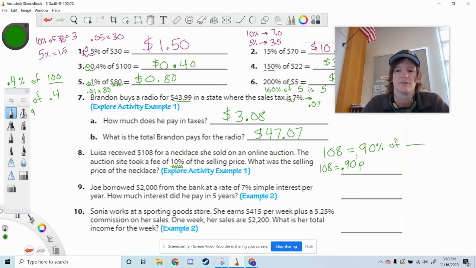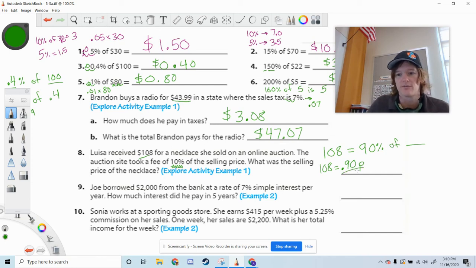So let me talk about how I came up with these. I know that the amount that she got, where did this 90 come from? Well, they took her 100% that it sold for, and they took 10% of that and gave her the rest. So that's where the 90% came from. So 108 equals 0.90 times something.